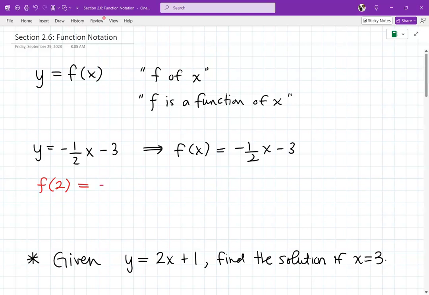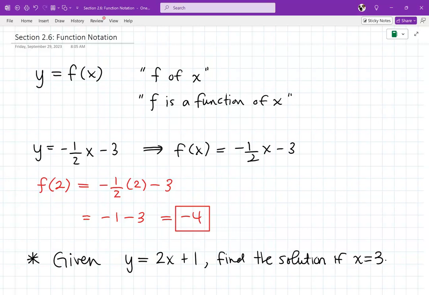So I'm just going to write my equation, 1/2 times 2 minus 3. So it's basically telling me to plug in a 2 into the equation. So this becomes a negative 1 minus 3, which is a negative 4. And that's what f of 2 is equal to. f of 2 is equal to negative 4. In other words, you're just saying I plugged in a 2 and I got the answer of negative 4.